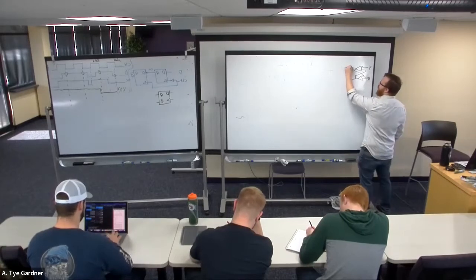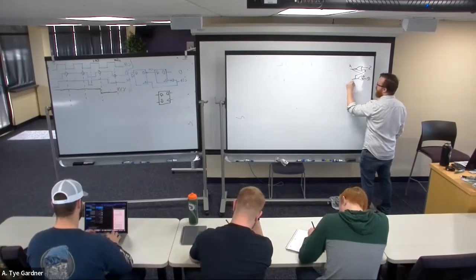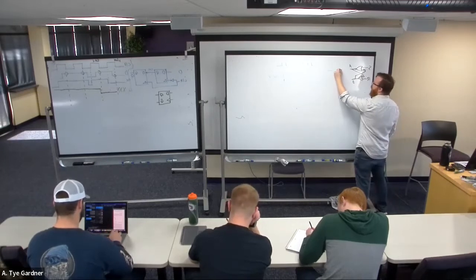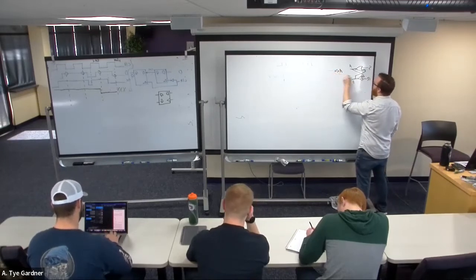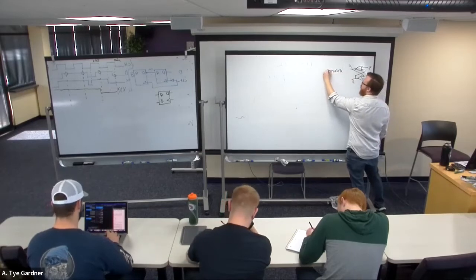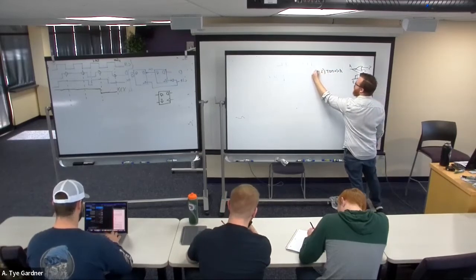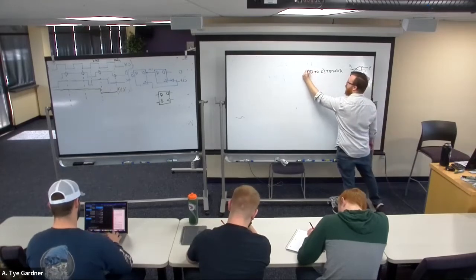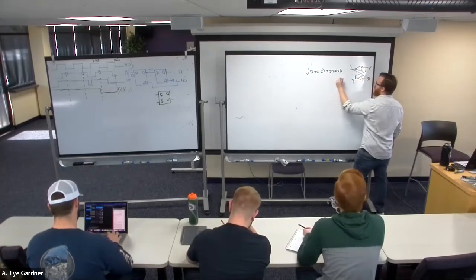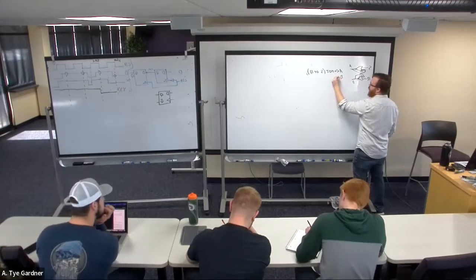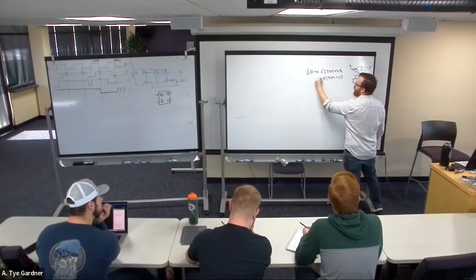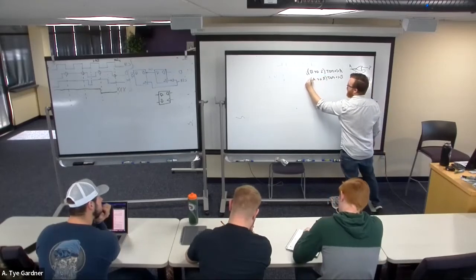And if I call this signal A, this signal B, just for now, I can then say A gets assigned to not (S or B), and B gets assigned to not (R or A).